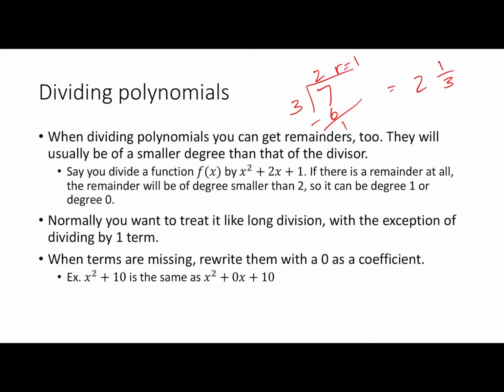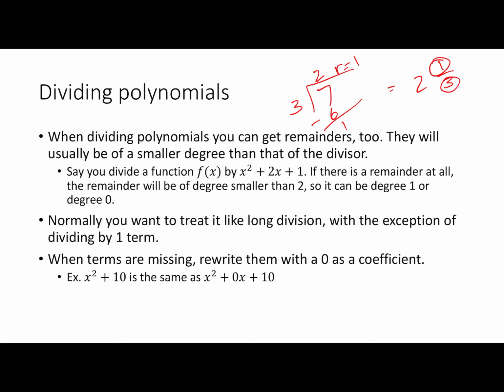Now for polynomials, it's going to work very similarly. We are going to have remainders, and whenever we have a remainder, you're just going to divide by your divisor. So this is 2 and 1/3, but with polynomials, we're going to have functions. If you notice, your remainder is always going to be a value that is less than your divisor.